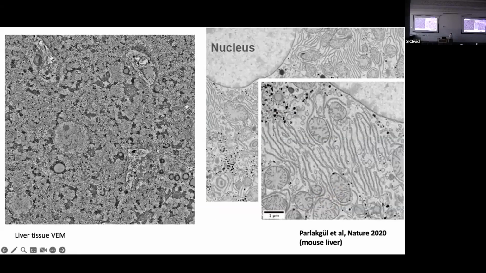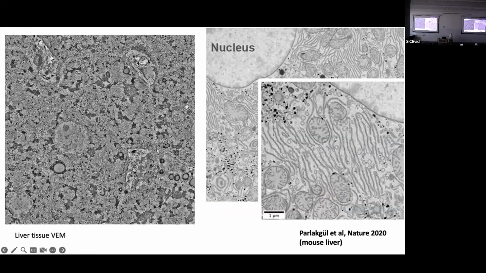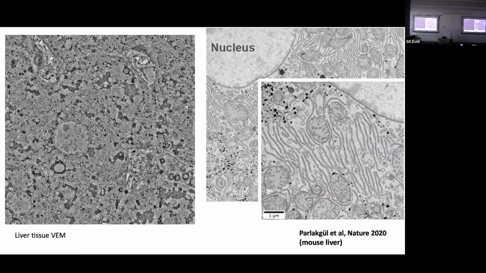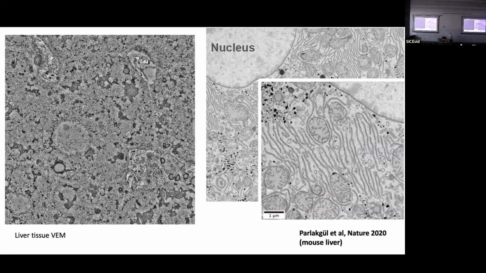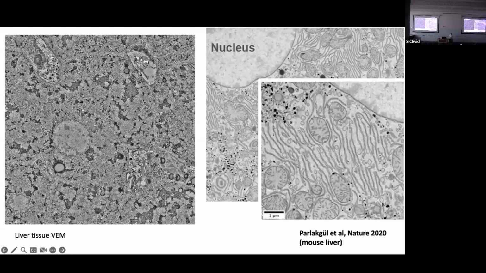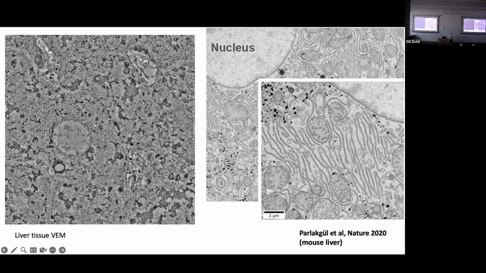Here's a couple of example images of liver tissue. What's really neat with these electron microscopy images is that it reminds me, at least, that the cell is a complicated machine that has lots of detailed structures. In fact, in this image, it's hard to even see where the boundaries of the cells are.